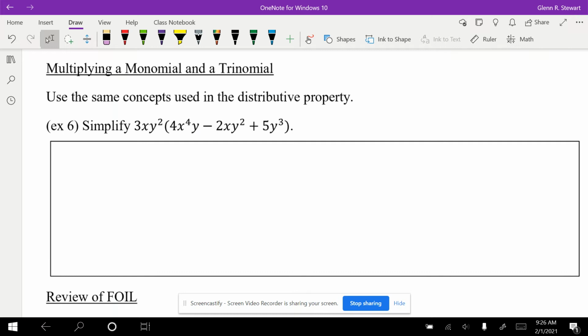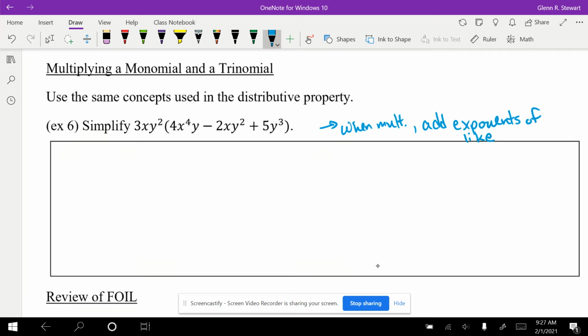So if you simplify this, we've got 3xy squared times 4x to the fourth y minus 2xy squared plus 5y cubed. One thing that you want to note is when multiplying, add exponents of like terms.